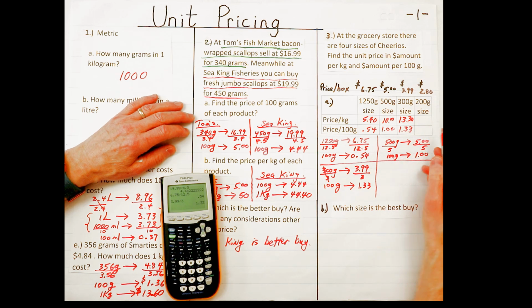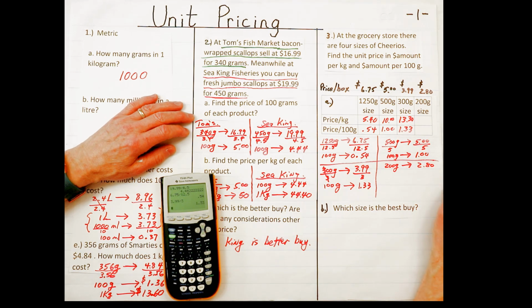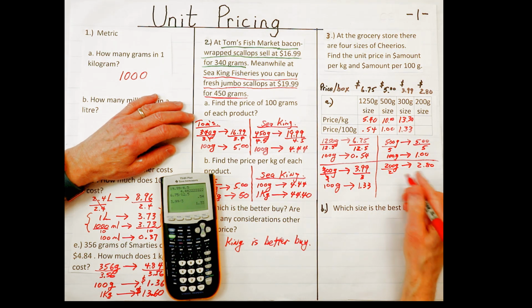Now the last one we have to do, the small box. So we have 200 grams, and the cost is $2.80. What do we have to divide 200 by to get 100? 2. So that gives us 100 grams. And if we divide by 2 over here, don't need a calculator for this one.